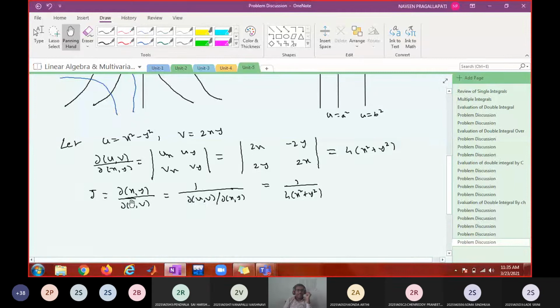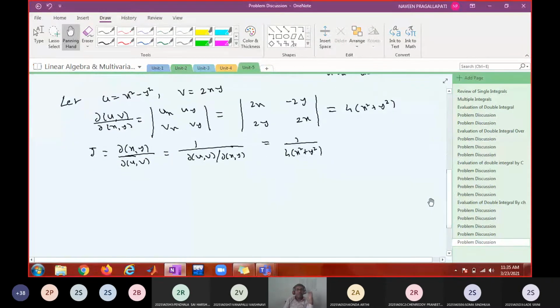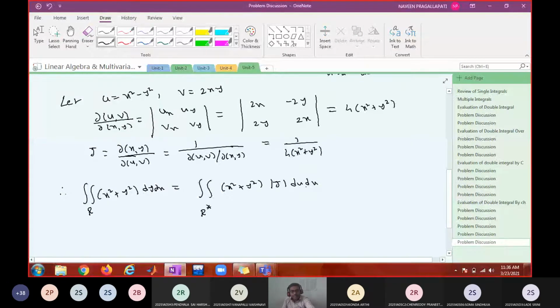The Jacobian must be in terms of u and v, but unfortunately it is in terms of x and y. Okay, don't worry about it because we'll see this issue after simplifying the transformed integral. What is the transformed integral? Integral over R of x square plus y square dy dx. Because of the substitution, it becomes x square plus y square, dx dy is modulus of J du dv.